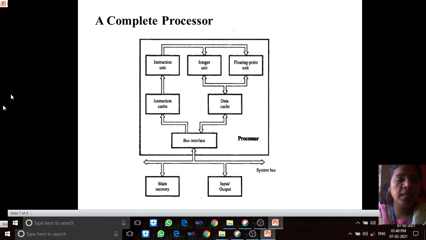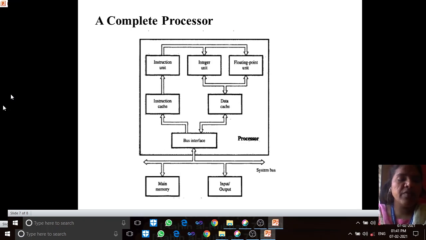In order to handle integer as well as floating point data, you have two separate units. The data cache is placed between the processing unit and the main memory. The integer and the floating point units get data from the data cache.